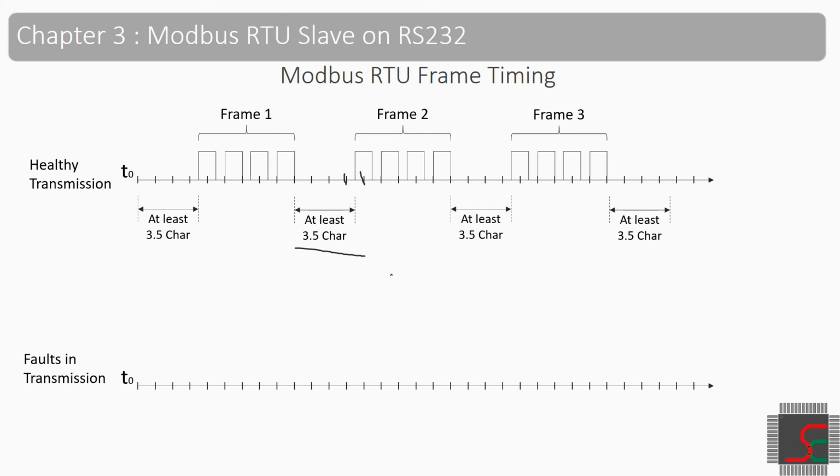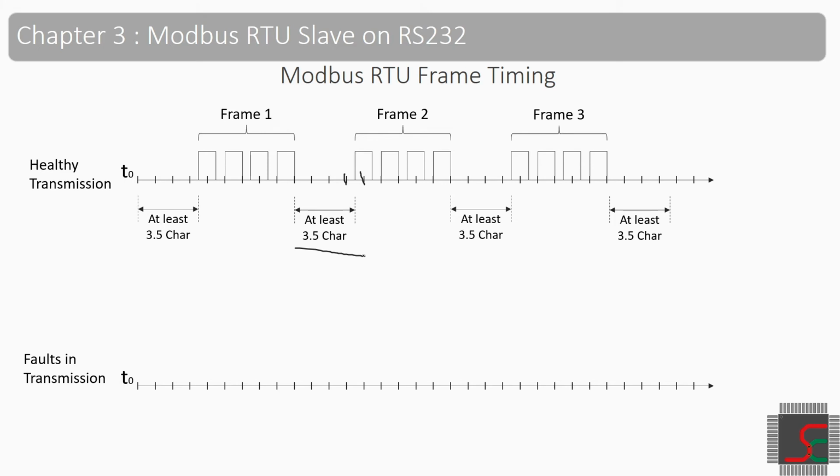Out of that, if two characters are received on time and from the third character onwards there is a delay due to a cable problem or any other condition, this delay is called the intercharacter timeout. As per the specification, the frame is considered healthy if Modbus characters are received within this timeout.